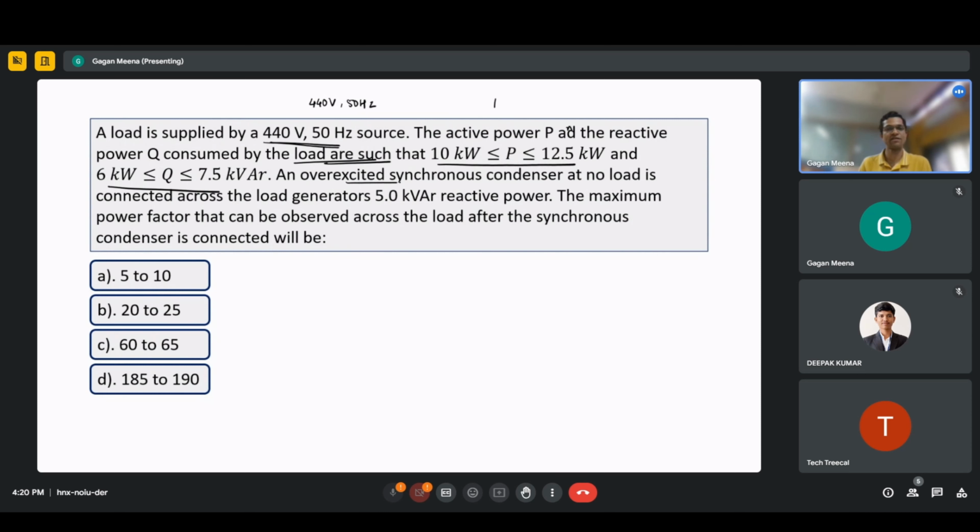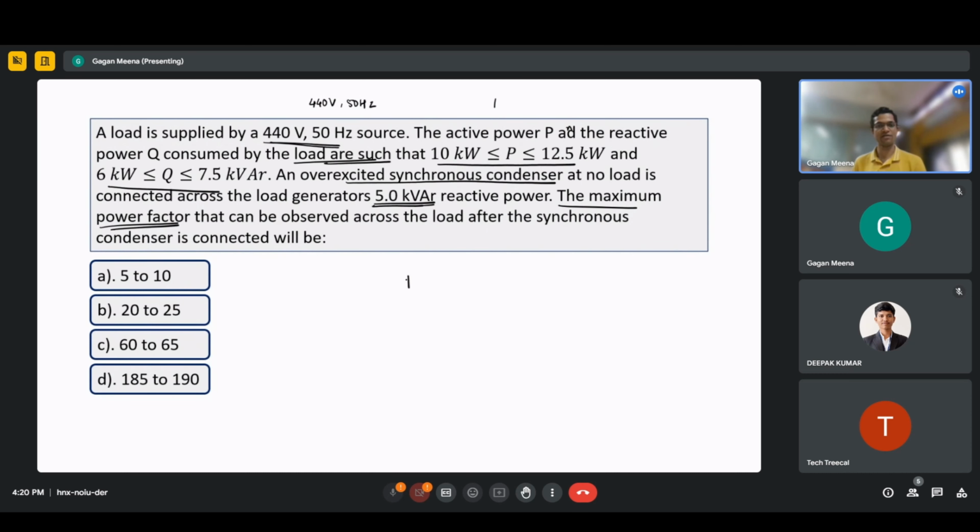An overexcited synchronous condenser at low load is connected across the load. What is the maximum power factor that can be achieved across the load after the synchronous condenser is connected? That you have to calculate.